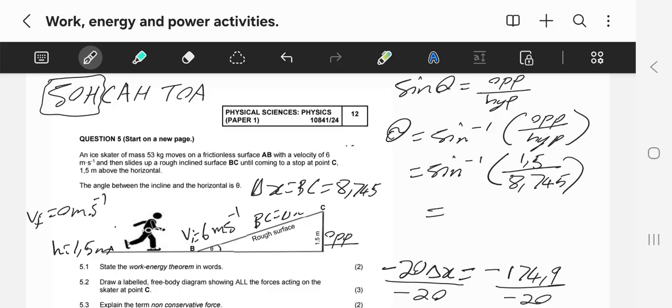And then I'm going to put this on the calculator. What do I do? I say shift, and then I press sine, then I do my fraction to say 1,5 divided by 8,745. And this will be equal to, my theta will therefore be 9,88 degrees. And this is my answer, guys.